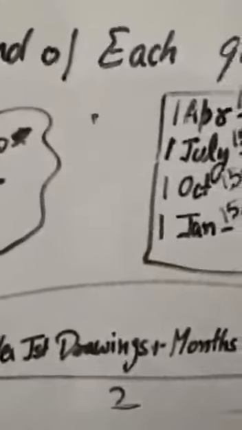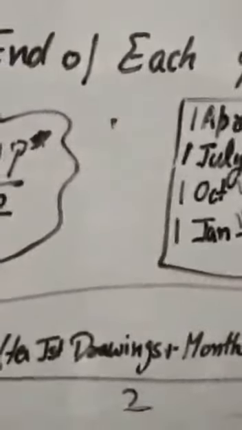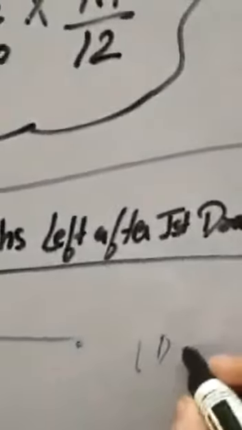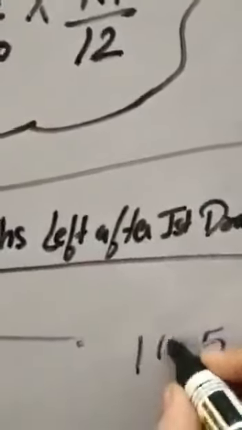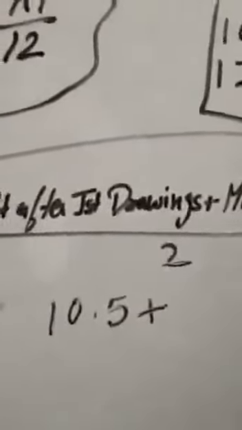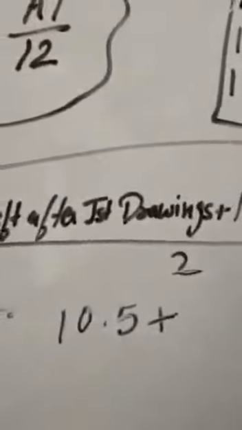Months left after first drawing. You are making your first drawing on 15th May, calculated till 31st March. How many months will be left? It will be 10.5. Months left after last drawing: we will make our last drawing on 15th February.